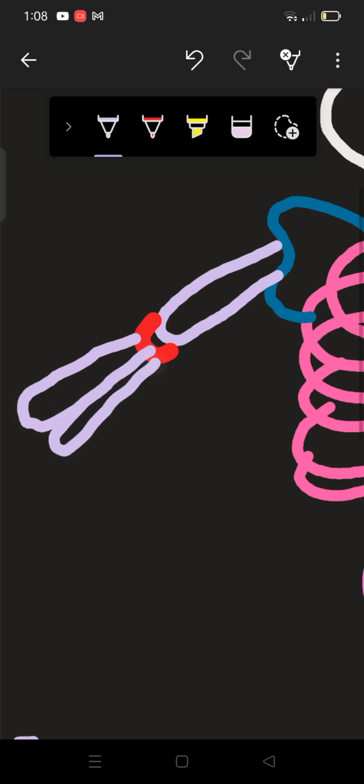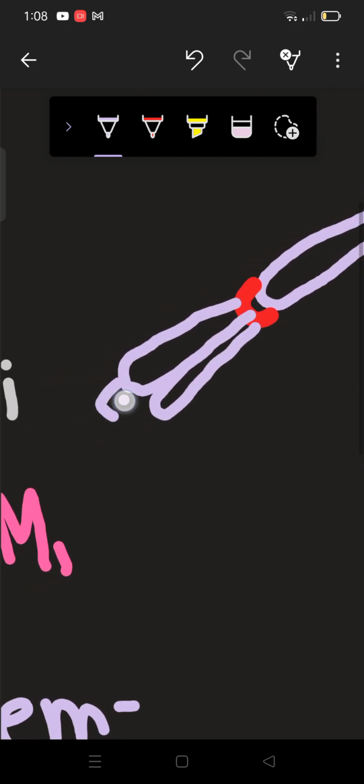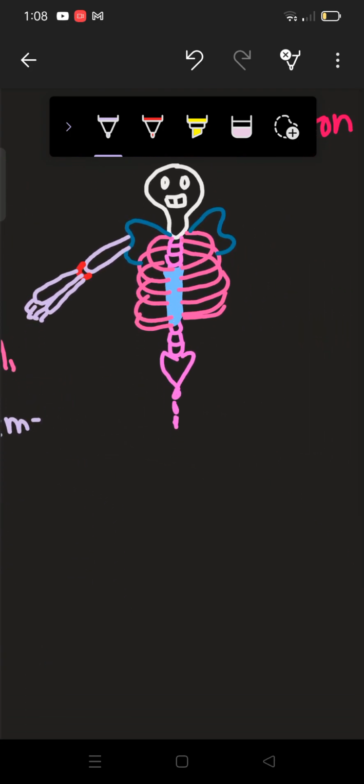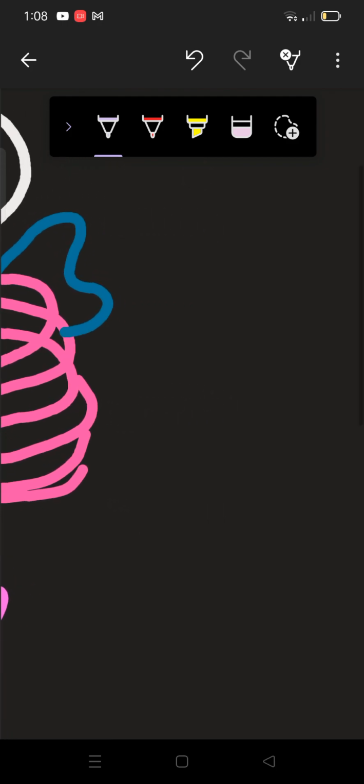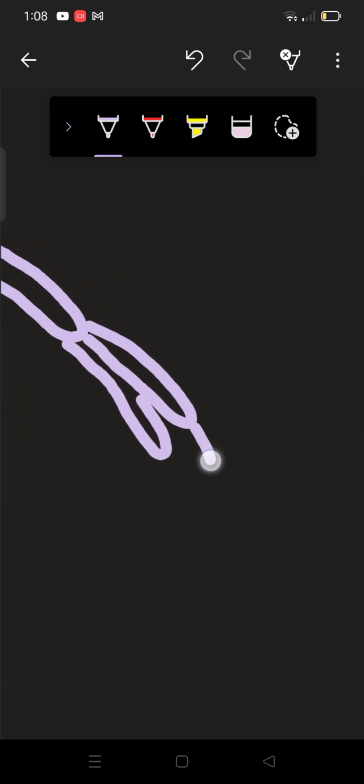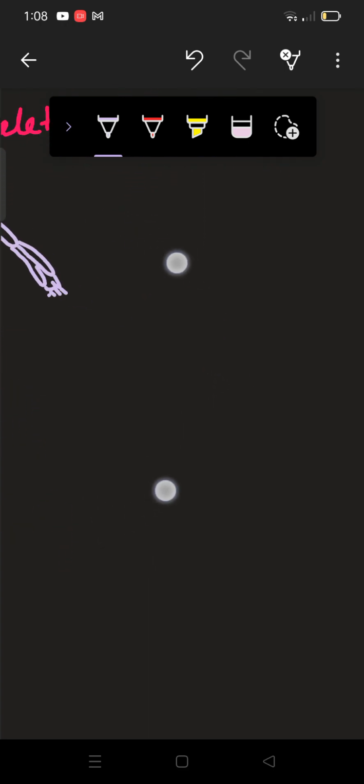Here we have one small bone, and then here we'll have carpals, metacarpals and phalanges. So here we'll have 4 limbs. Again 4 limbs. Here again we'll have carpals, metacarpals and phalanges. We'll discuss that, all right.